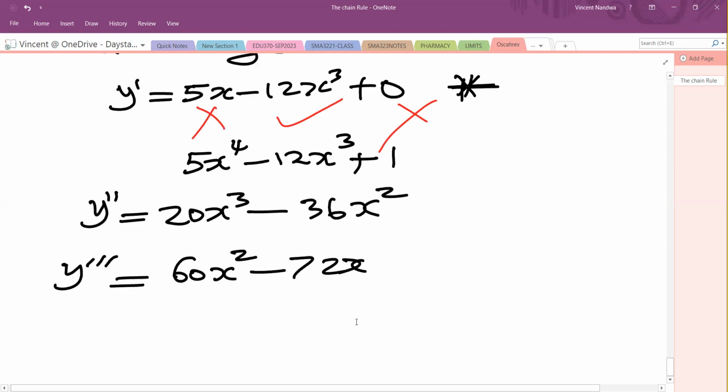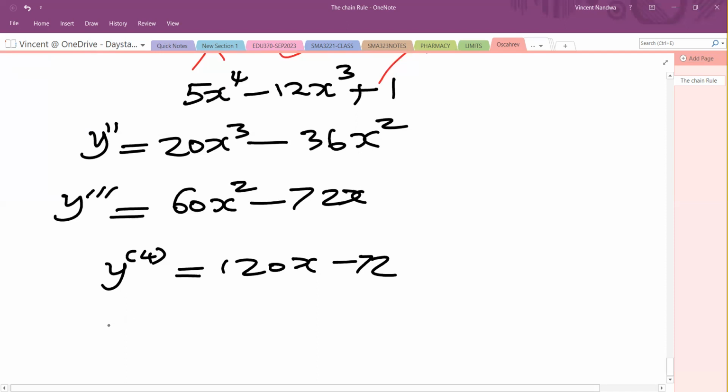Okay. Then fourth derivative, 120x minus 72.